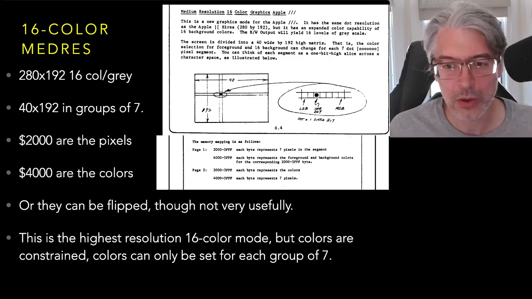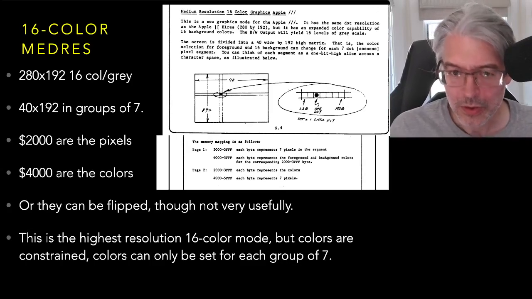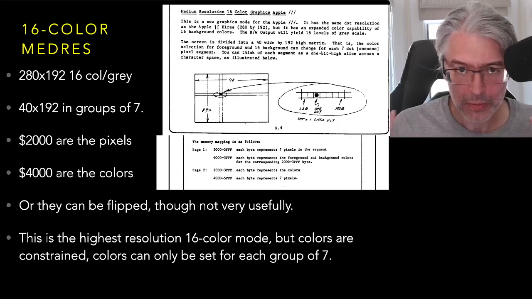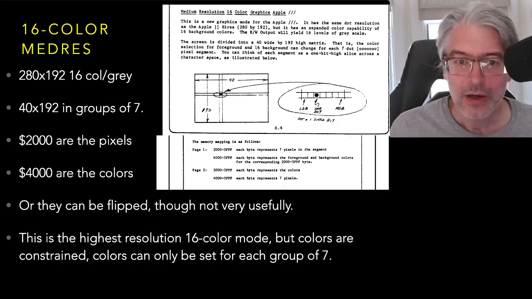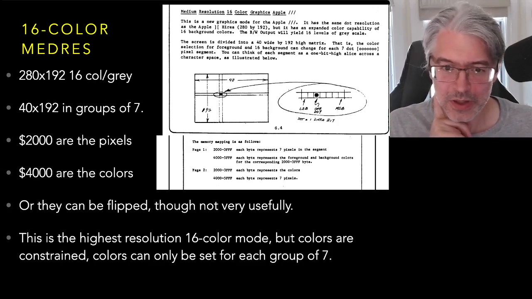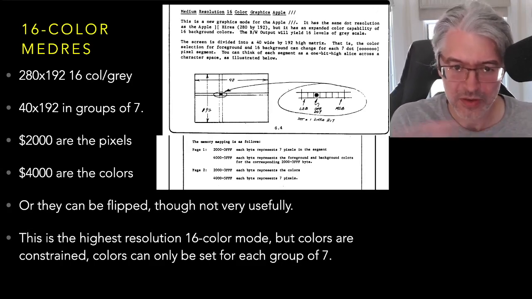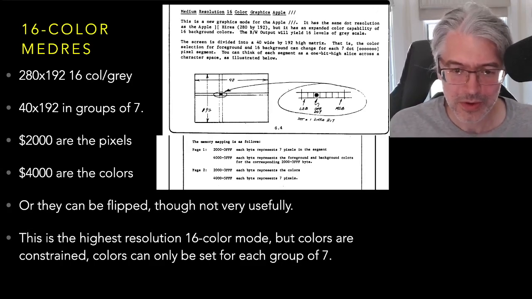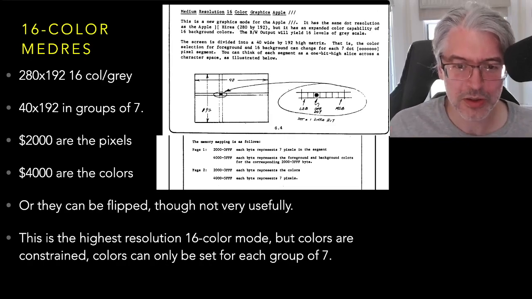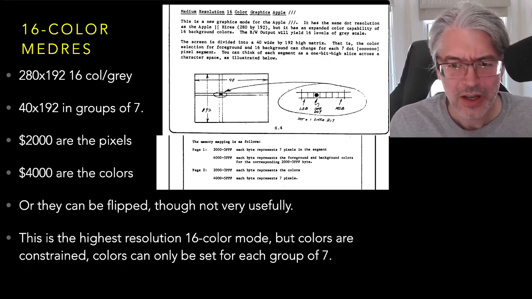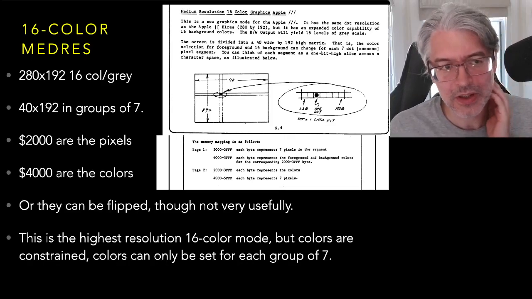What color corresponds to a 1 pixel? So that provides a much enhanced color setup. These two can be flipped, but again, not very usefully because it's unclear why you would want to switch between the colors and the pixels like that. So this is the highest resolution 16 color mode that we have, but the colors are constrained.